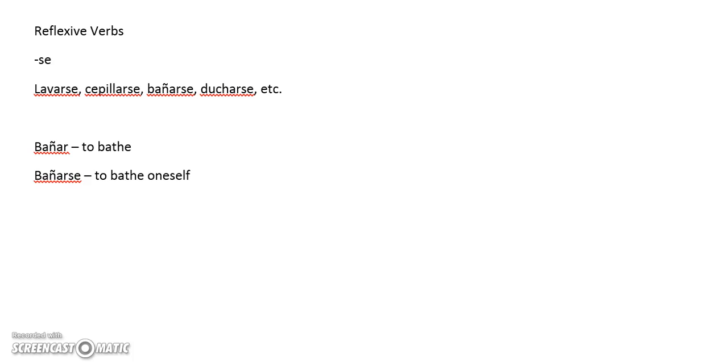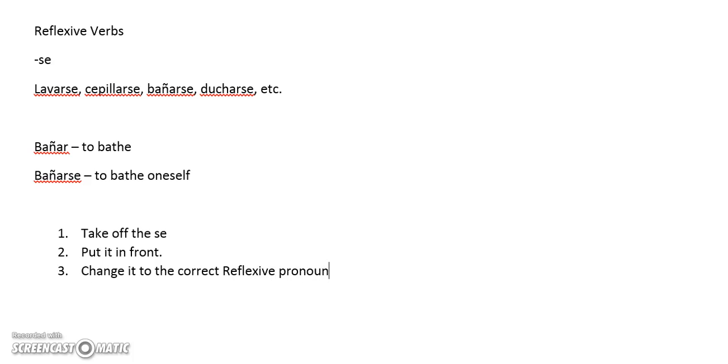So to conjugate a reflexive verb, step one is to take off the se and then put it in front and change it to the correct reflexive pronoun.